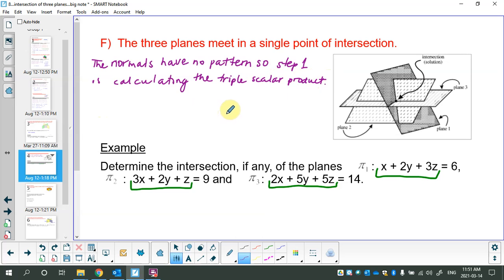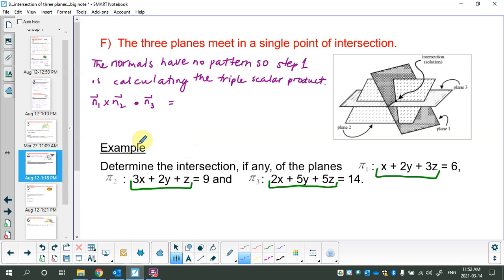So I'm going to do the calculation for the triple scalar product here, and then I'll come back to what it means and why we're doing it. The triple scalar product is taking any 2 of the 3 normals and crossing them, and then when you get that result, you dot it with the third. So it doesn't matter which of the 3. I'm going to stick with this every single time we have no pattern.